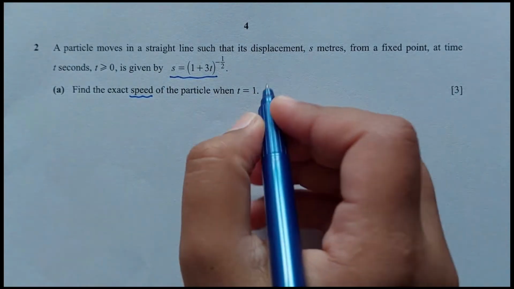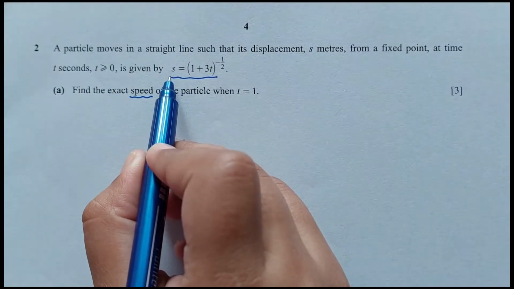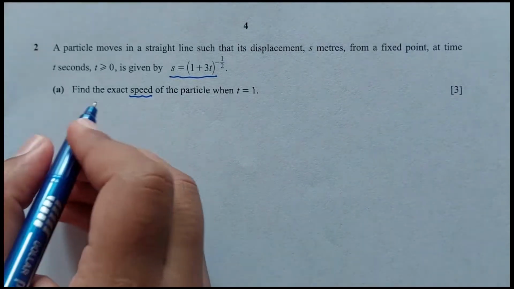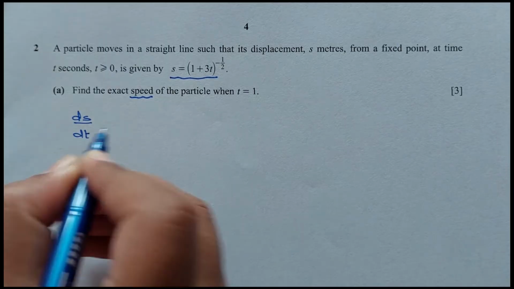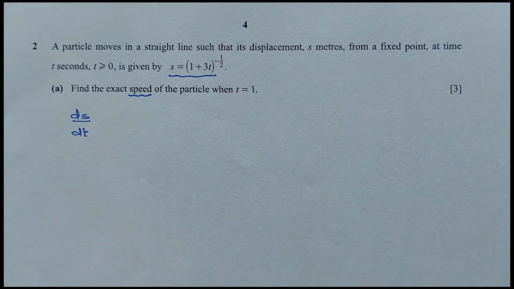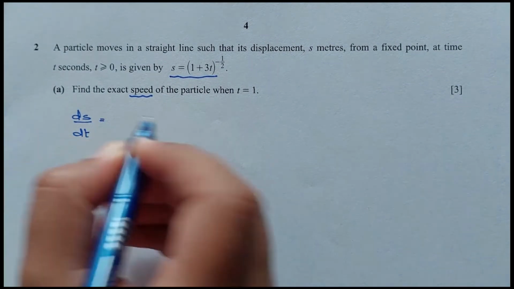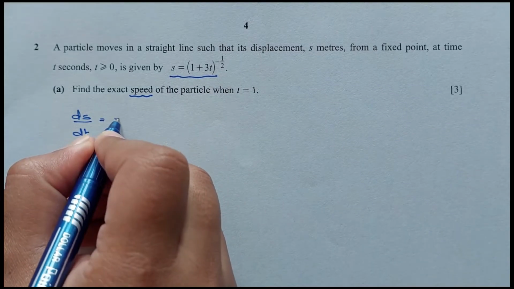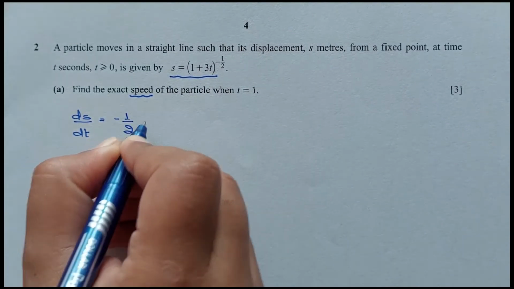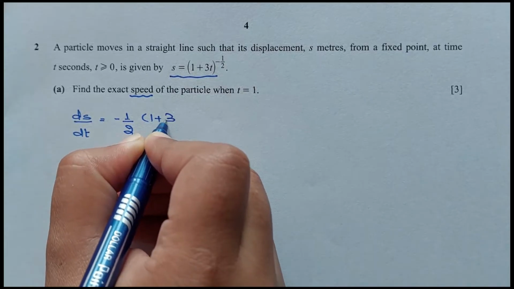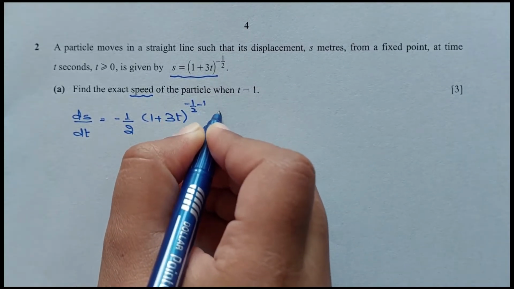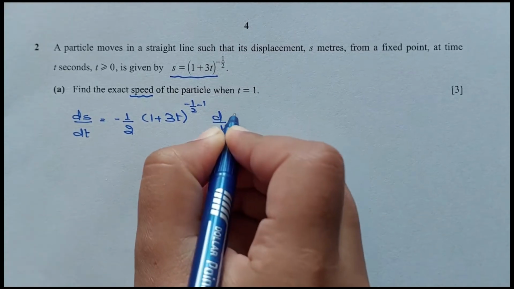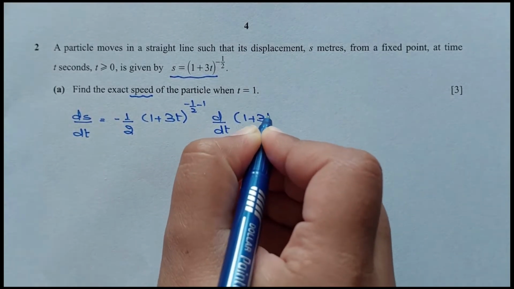So speed is basically equal to the derivative of displacement with respect to time. So let me do it. ds over dt, we need to find ds over dt at t equals 1, right? So let's simplify. It is the power rule of derivative. First we have the power, that's minus 1 by 2, the base 1 plus 3t with power minus 1, and the derivative d by dt of the base function, that is 1 plus 3t.